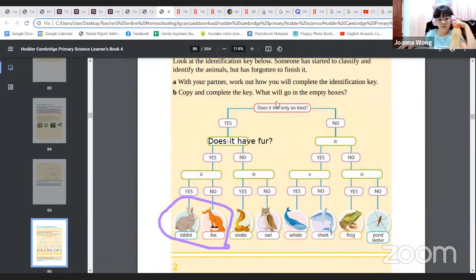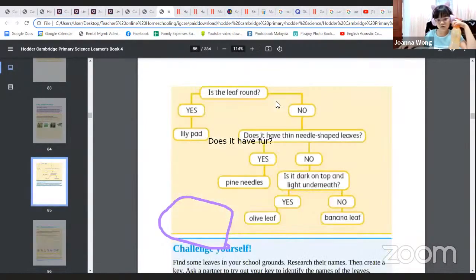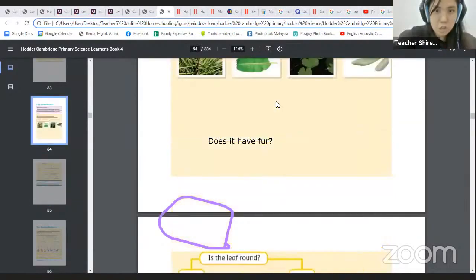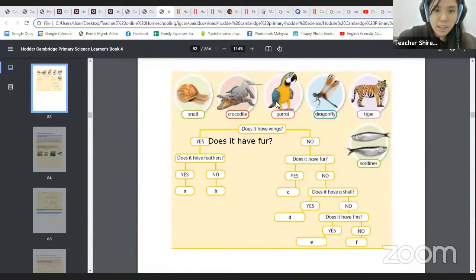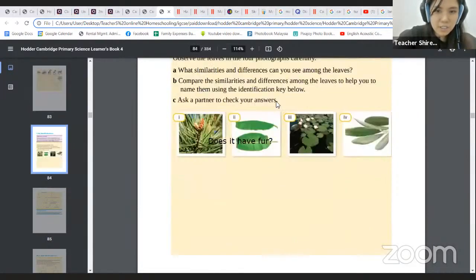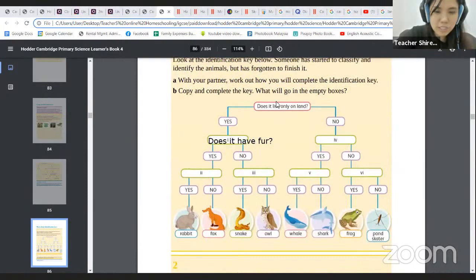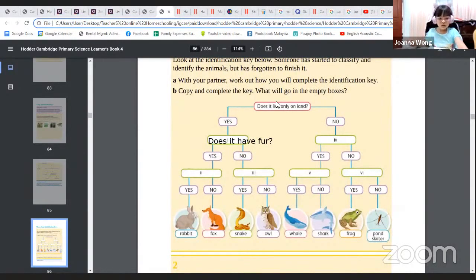Can I type my answer on the screen? No. Do it your way because everyone is different. So your answer might be different from Jensen. So do it by yourself, or you can type to private message me also. I write, does it have fur?